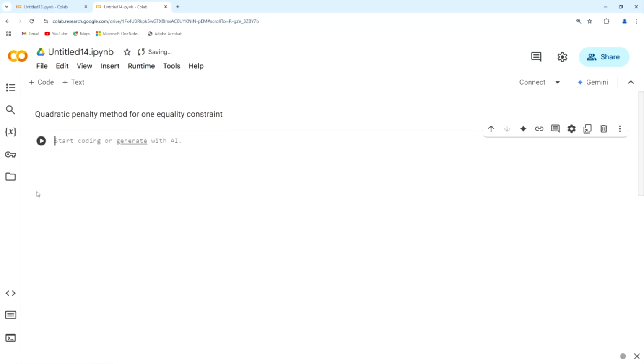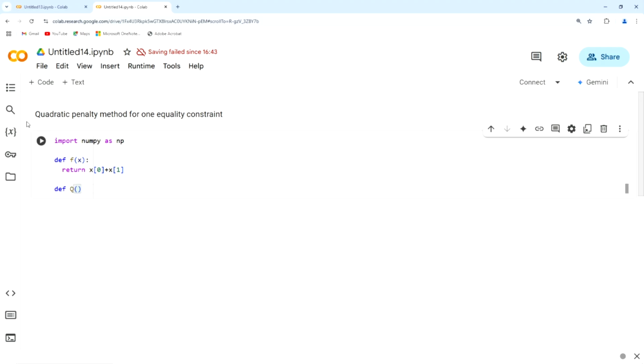We will start with importing numpy and we will define f of x. We can work with the same problem: x_1 plus x_2 subject to the condition that x_1 squared plus x_2 squared equals 1.